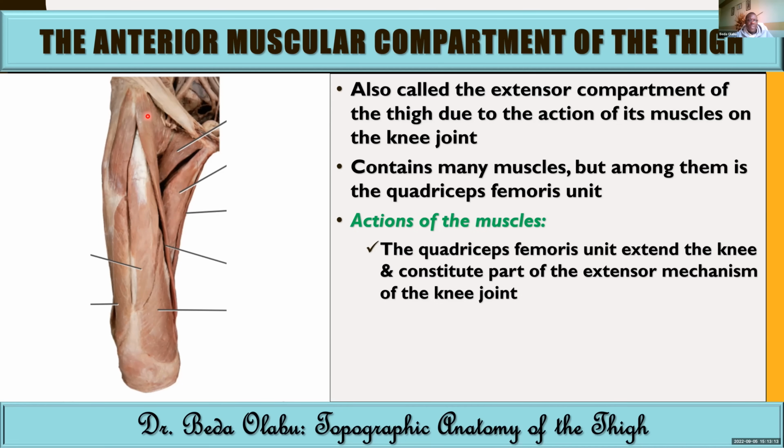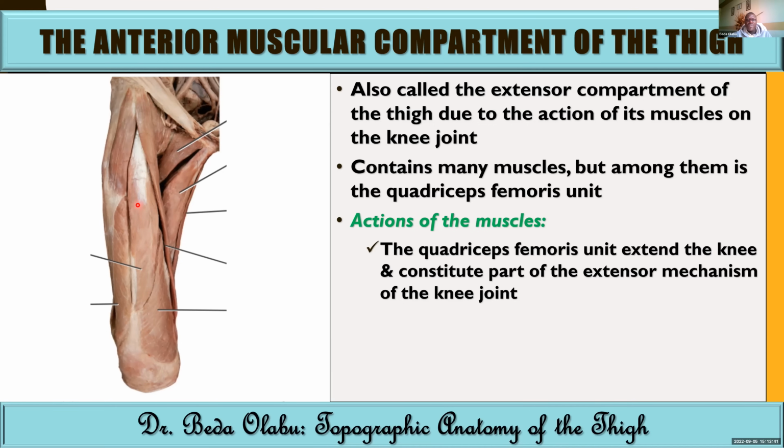The other three components of the quadriceps femoris do not act on the hip because they do not cross the hip joint. They arise from the femur. Rectus femoris is the only member of the quadriceps femoris unit that acts on the hip joint because it arises from the anterior inferior iliac spine with a straight head and a reflected head arising from the groove above the acetabulum.